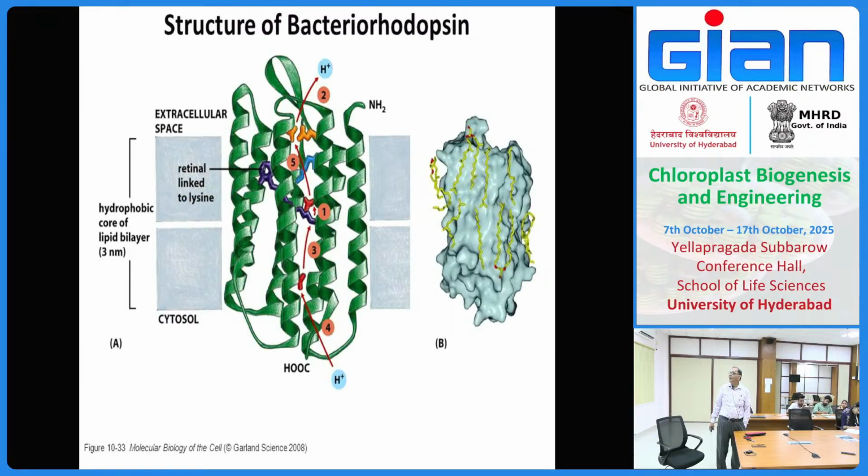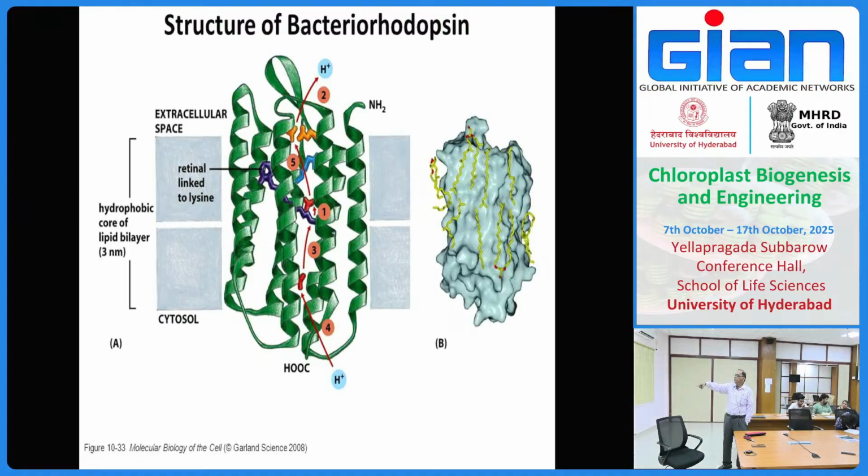Helix. It also has retinol, vitamin A, right? So retinal is linked to lysine. This is the hydrophobic core of the bilayer lipid membrane. These helices are spanning the membrane.